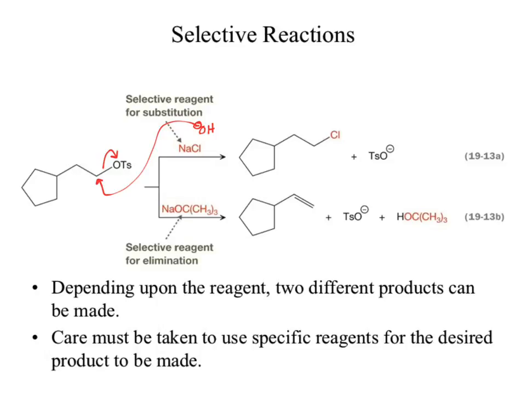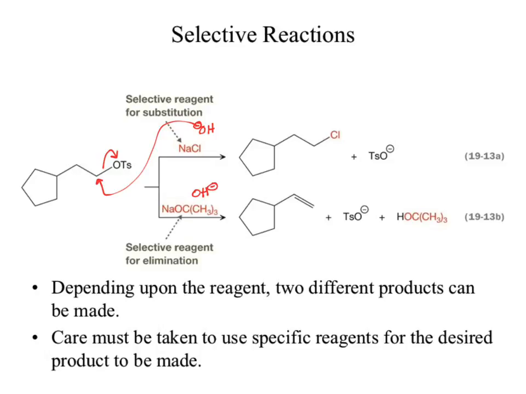It's also a strong base. So it's not that it can't do the substitution. It's that it also does the elimination. So when we're picking our reagents, we have to be careful and realize that we're only running one type of chemistry, not two or three. When we take a look at the selective reagent for the elimination, notice they did not write OH minus.